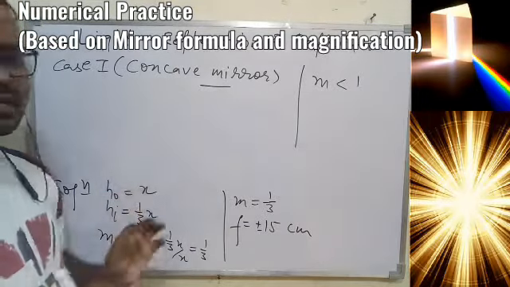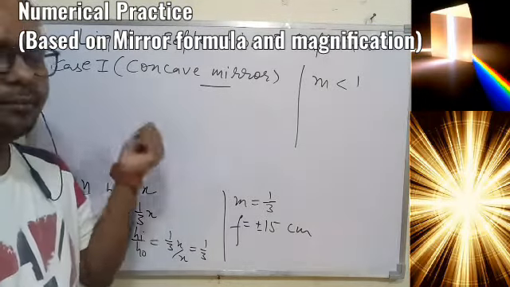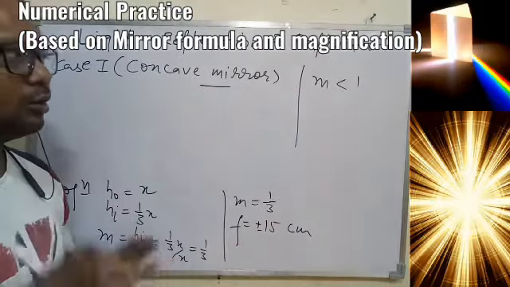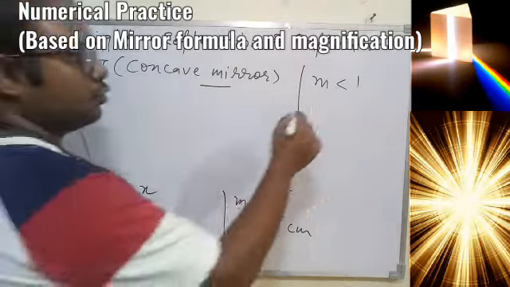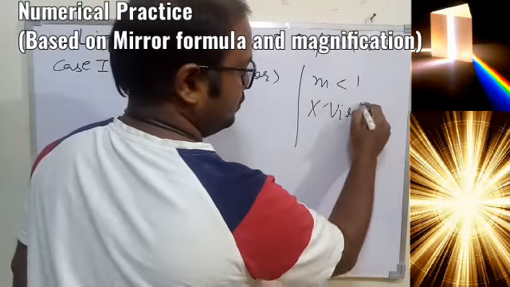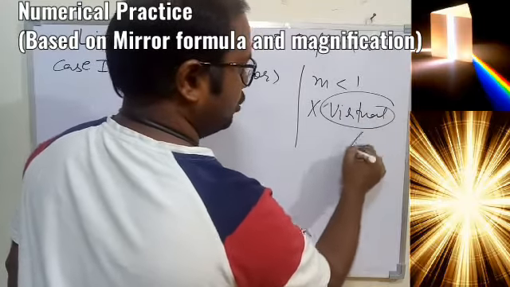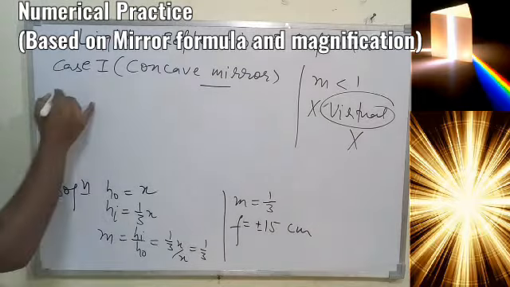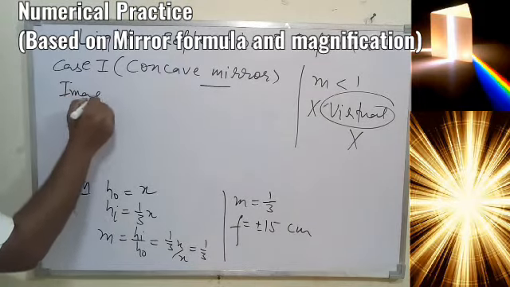So one thing is clear here. Even if you take a concave mirror, since the magnification is less than 1, this image cannot be virtual, not possible. So the image must be real in this case. So image is real.